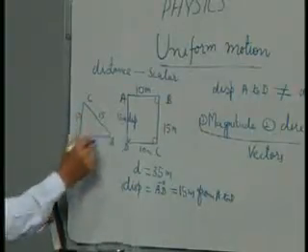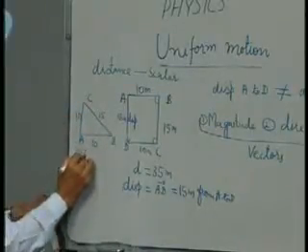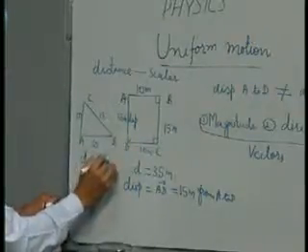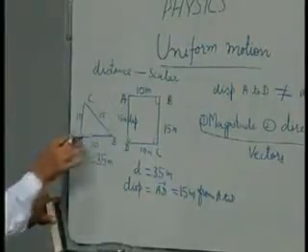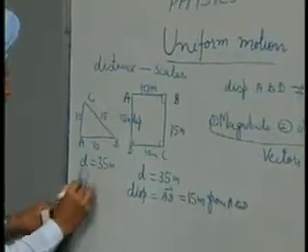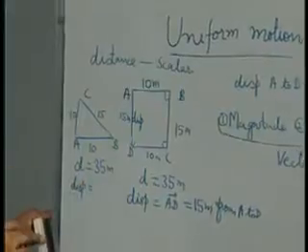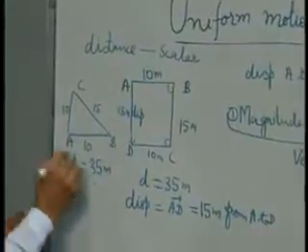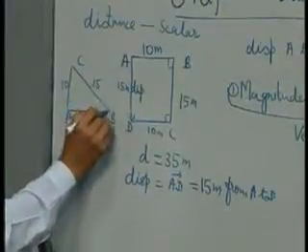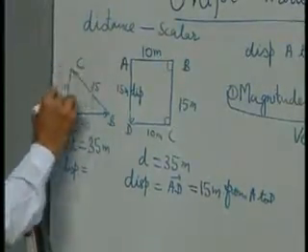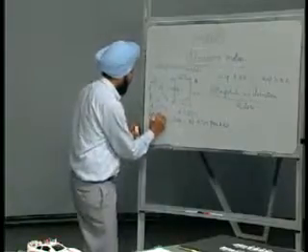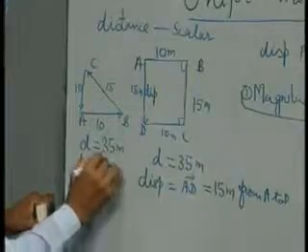Total distance travelled will be 35 meters. Now, what will be the displacement? We have moved from A to B, B to C and back to A. So, displacement is shown by a vector.